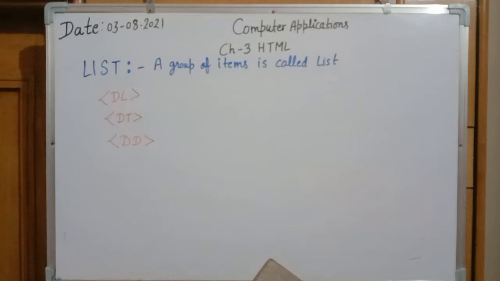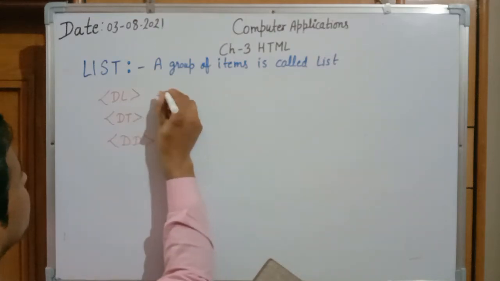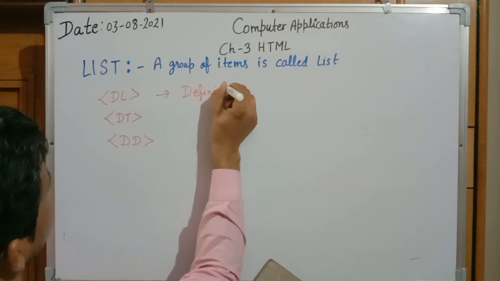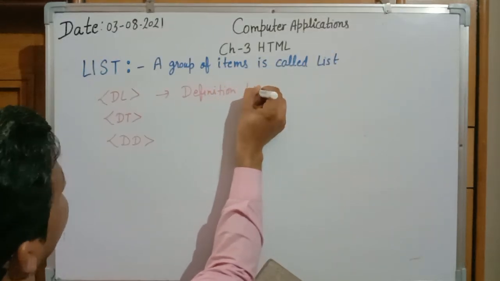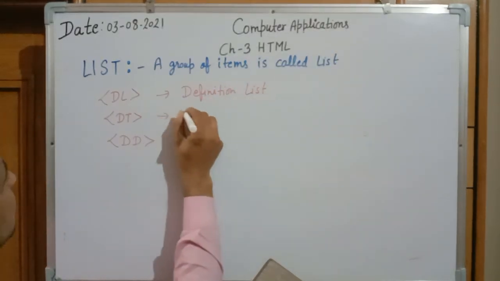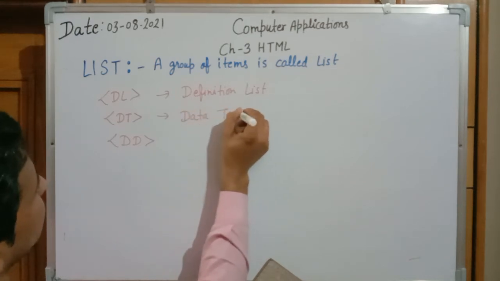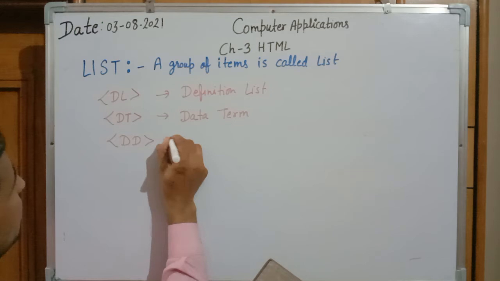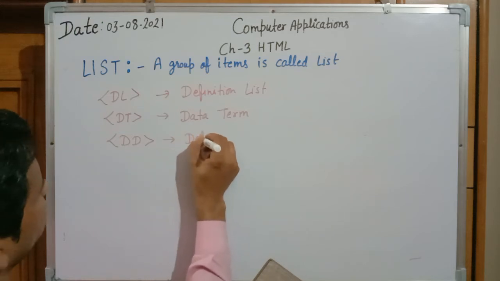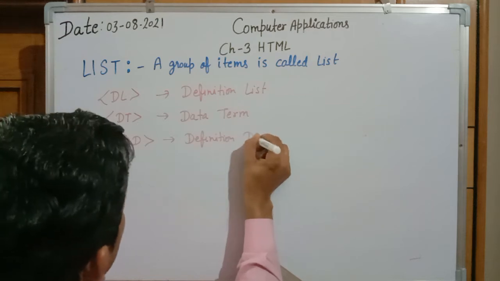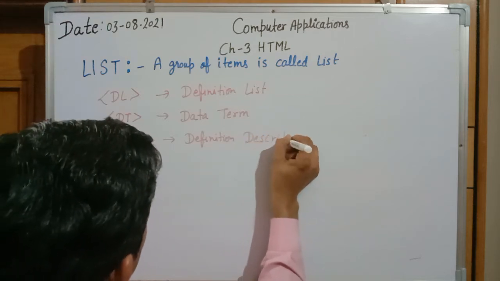What is the meaning of the DL tag? DL means it is a definition list. And what is DT? It is the data term that will be defined. And DD is the definition description, what is to be written, to describe the definition.